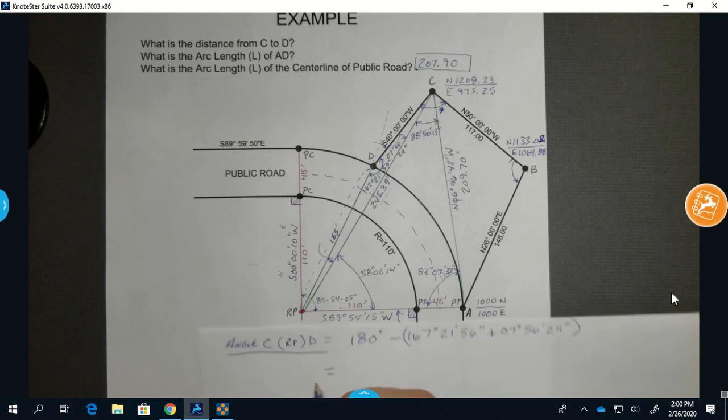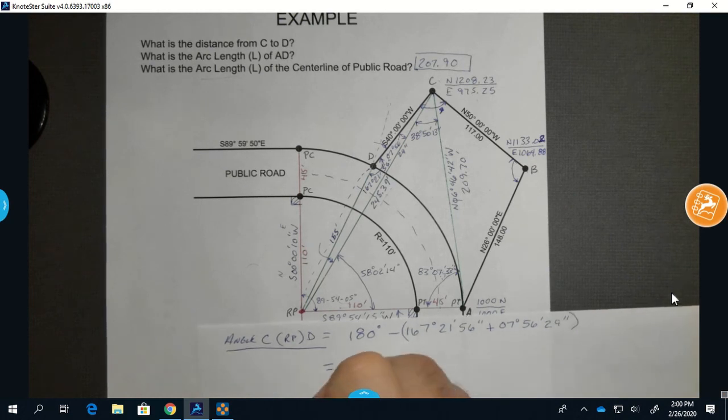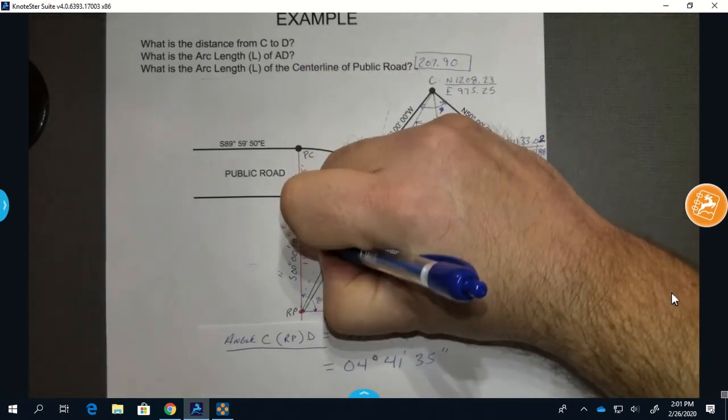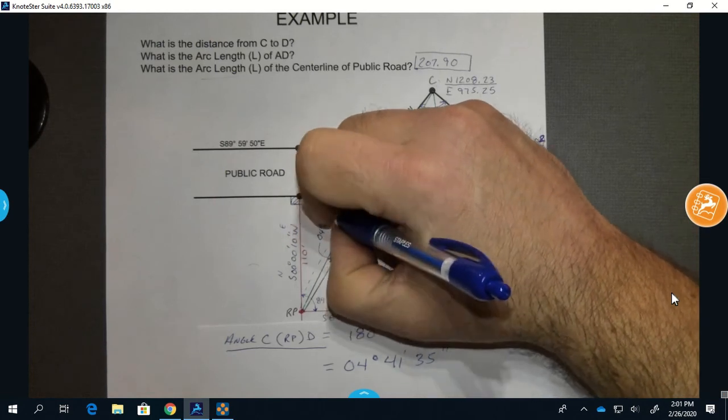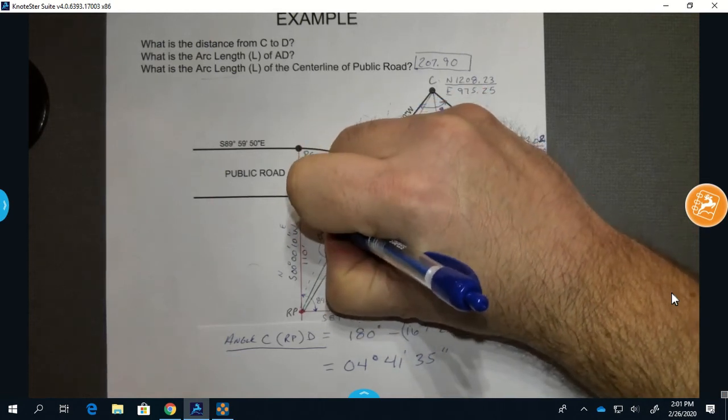And that is going to yield an answer of 4 degrees, 41 minutes, 35 seconds. So that's what that yields. So that's our angle here, 04 degrees, 41 minutes, and 35 seconds.